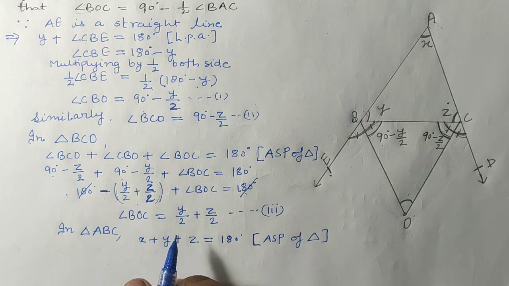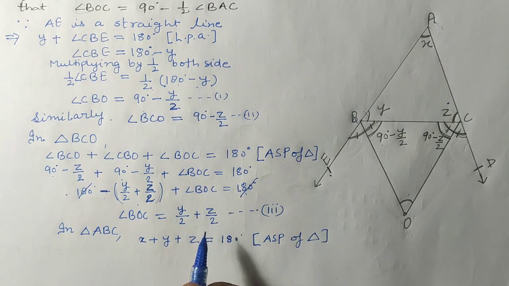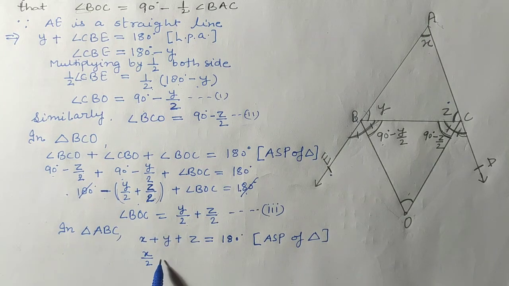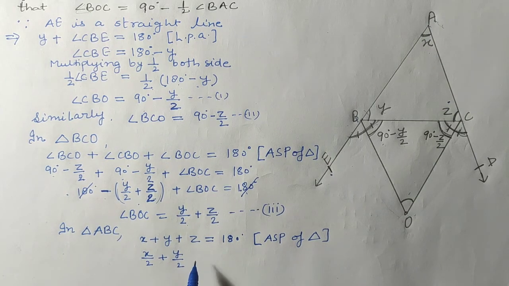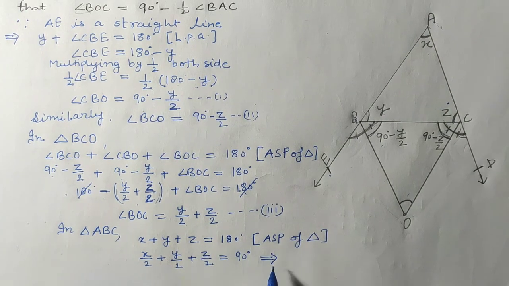Then we want to calculate the value of y by 2 and z by 2. For that, students, I am going to divide the whole equation by 2. So it will be x by 2 plus y by 2 plus z by 2 is equal to 180 by 2, that is 90 degree. If we want to calculate the value of y by 2 plus z by 2, then we have to shift this x by 2 to the right-hand side.